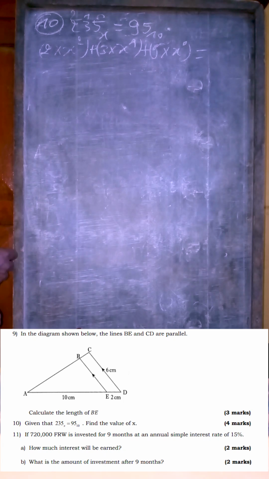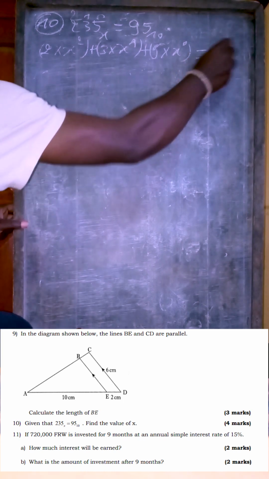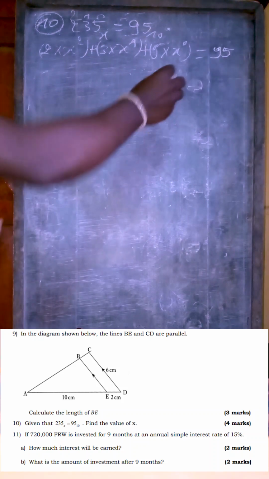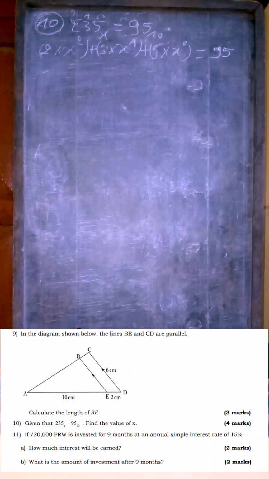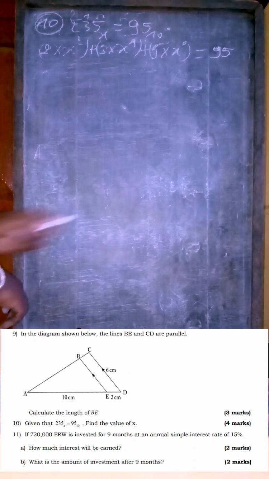Means 95, there is no change. We have to write it 95. Any number which has no base written is in base 10. We have to know that.